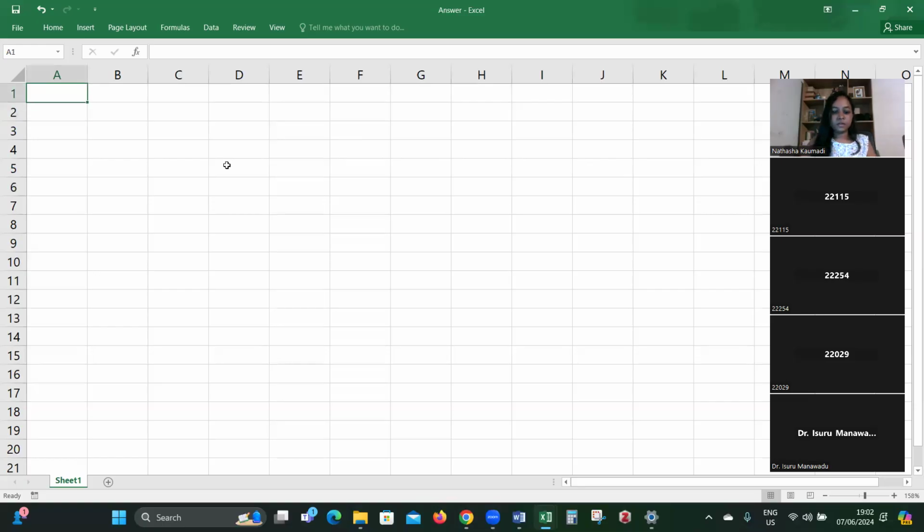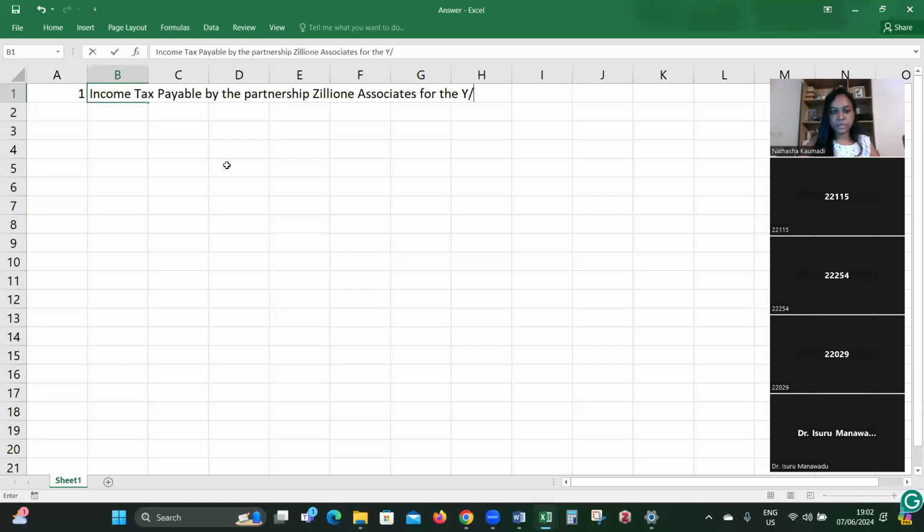Right. So our first part, number 1, it says income tax payable. Always you need to write the topic, income tax payable. What is this partnership name? By the partnership, Jillian Associates, for the year of assessment 2023-24.